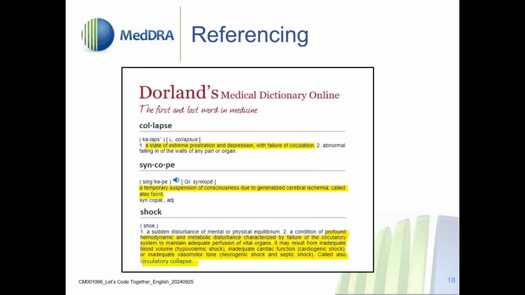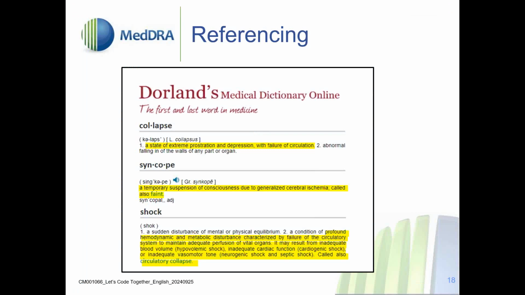medical background a bit. So let us first look into the Dorland's. Collapse is described as a state of extreme prostration and depression with a failure of the circulatory system, meaning a state of extreme mental or physical exhaustion and mental or physical depression.